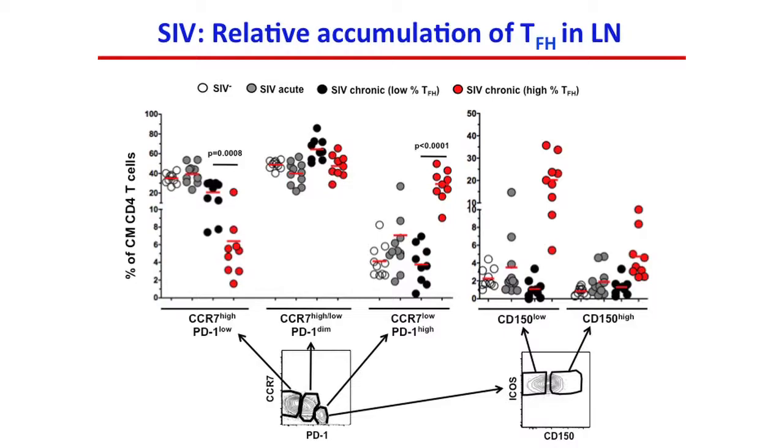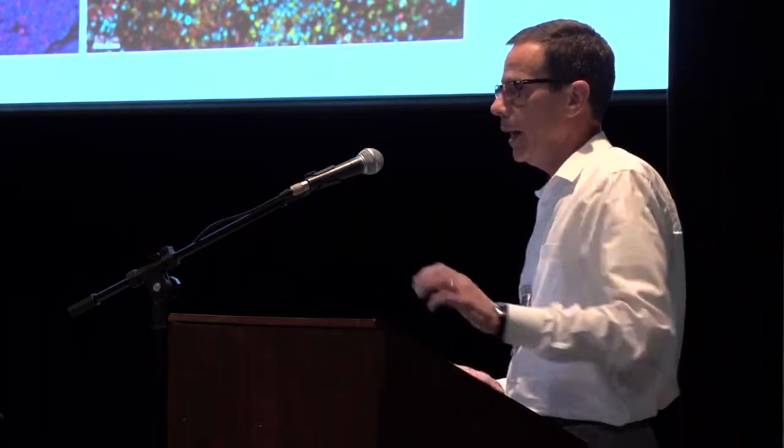And what you see is most of that accumulation is within this CD150 low or germinal center T follicular helper cell population. So T follicular helper cells are not being depleted, they're actually accumulating during SIV infection.